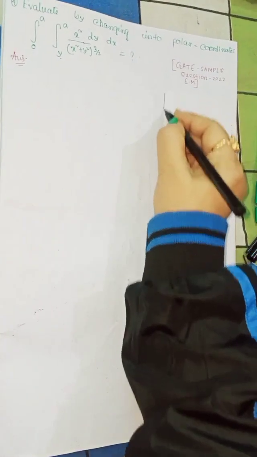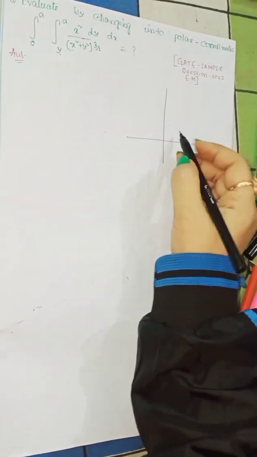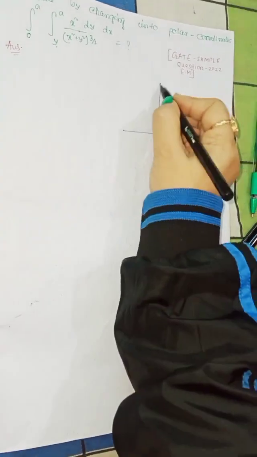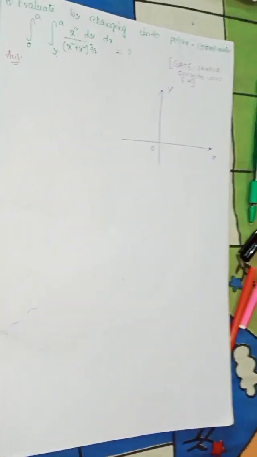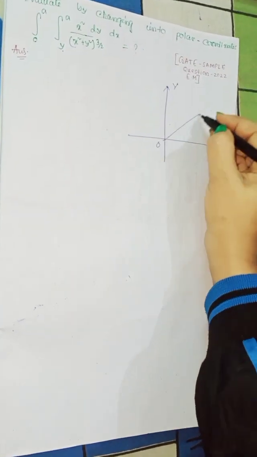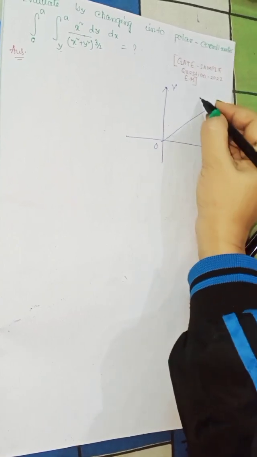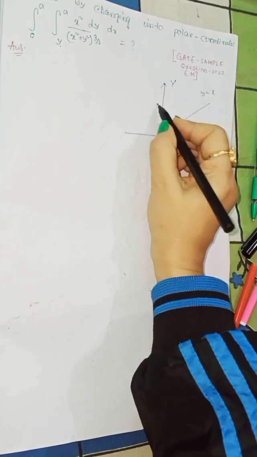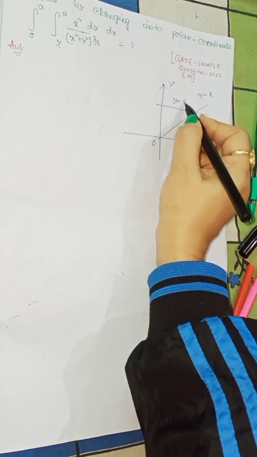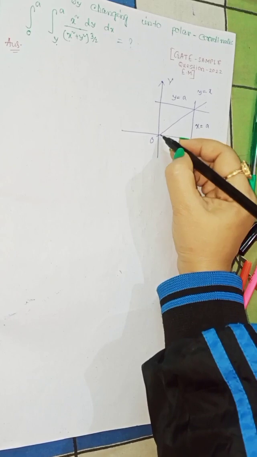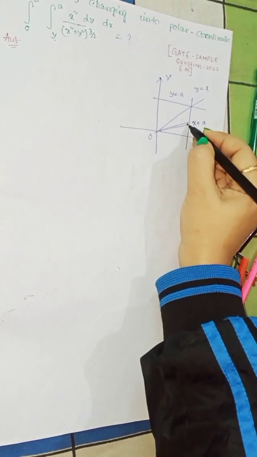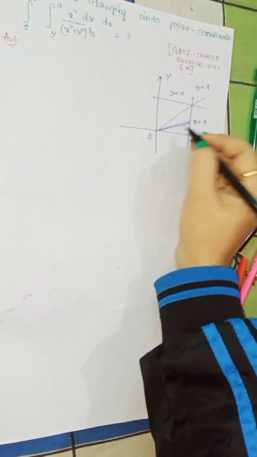First plot the coordinates again. So this one is the x, y coordinate, x and y, 0. Now this is the axis, the line y is equal to x, this one is y is equal to a, this one is x is equal to a, and this is the point P, so it is OP.